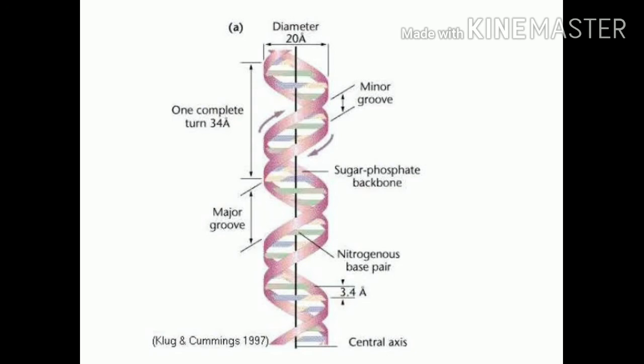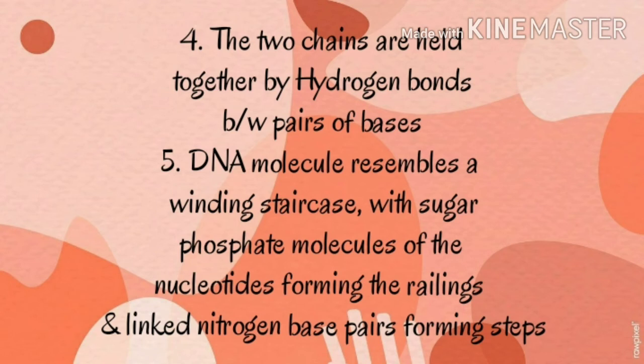See this picture, the diameter is shown as 20 angstrom, and one completed turn with 10 bases comes after 34 angstrom. After that, it takes another loop, and this picture shows that the DNA is wound in a right-handed fashion around a central axis. This is the overall structure of DNA.